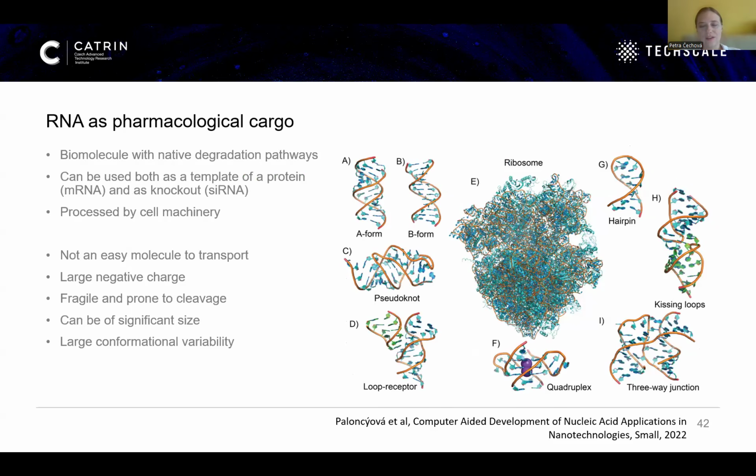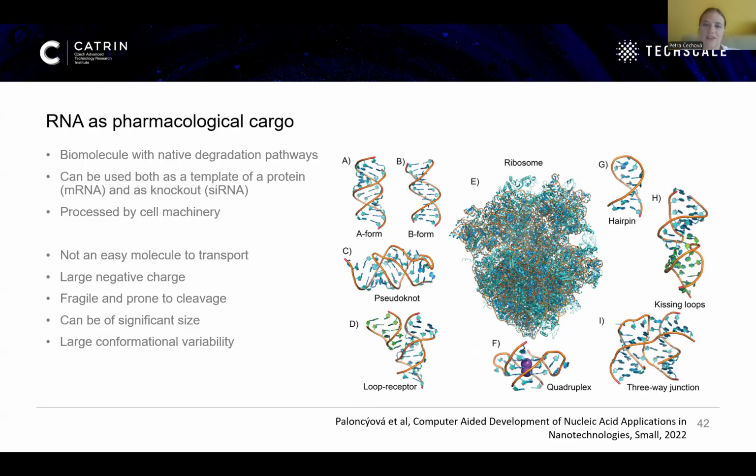Here I would like to make a short note about the RNA and why RNA needs such a complicated system to be carried by. Organisms usually use RNA in the cell for transcription and translation of proteins.